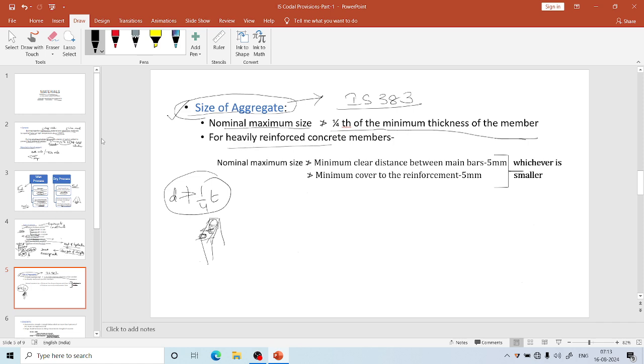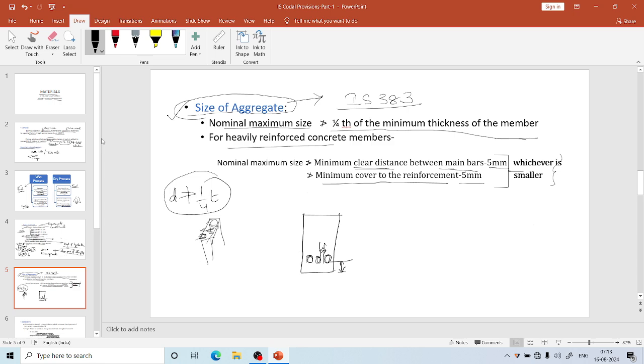Next, for heavily reinforced concrete beams, the maximum size should not be greater than the minimum clear distance between main bars minus 5 mm, or the minimum cover to the reinforcement minus 5 mm, whichever is smaller. Suppose we consider a singly reinforced beam, with the clear distance between the main bars and the minimum cover to the reinforcement.